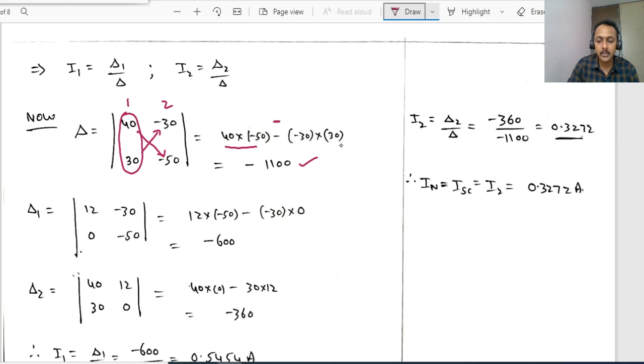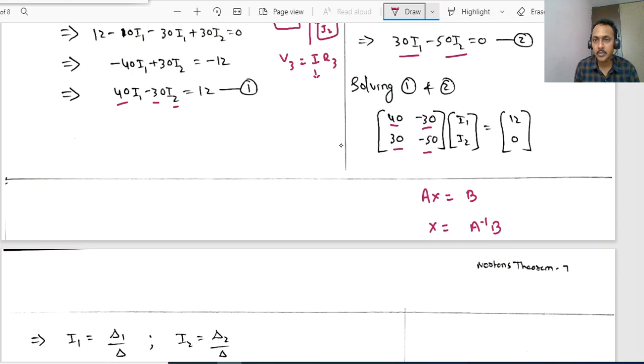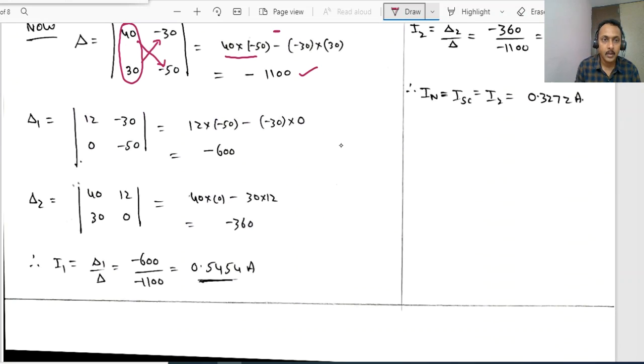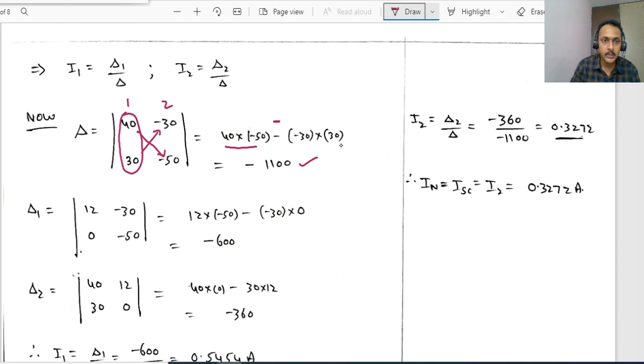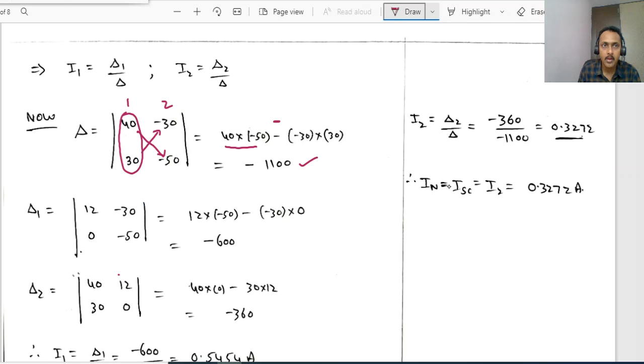Replace it with 12 and 0, the B matrix. This is AX equal to B. Similarly, while finding delta 2, in the delta matrix we will remove the second column. Observe, in the second column place we will write 12 and 0, right?